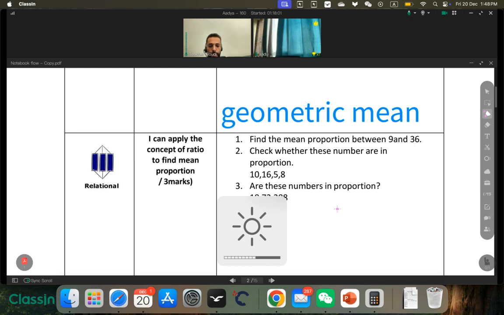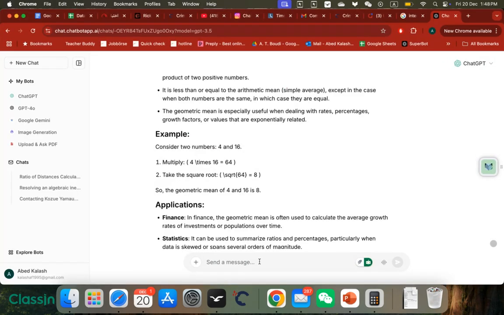Check whether these numbers are in proportion. And 16.